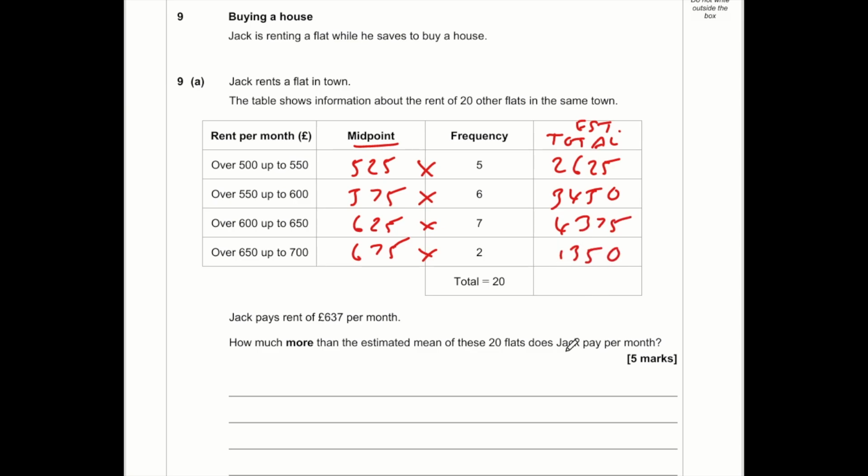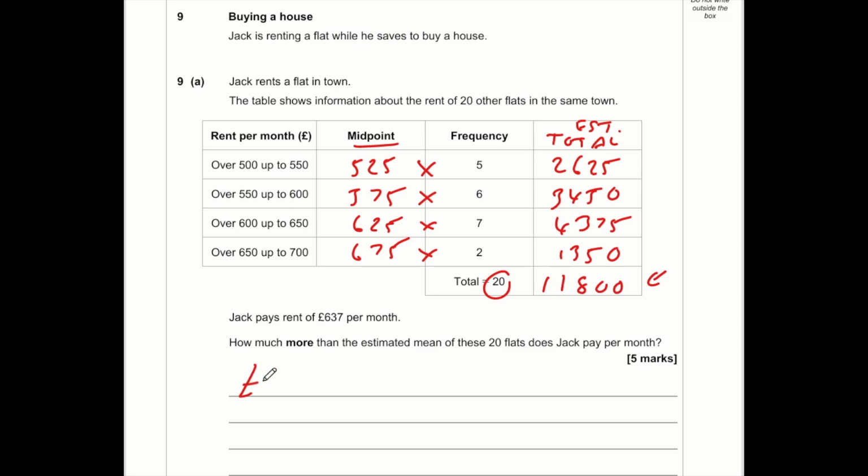So the mean rent is going to be the total divided by 20, except here it's going to be an estimated total. So this box here, we're going to add up these estimated subtotals, and that comes to 11800. So the estimated total monthly rental income of these 20 apartments is 11800.